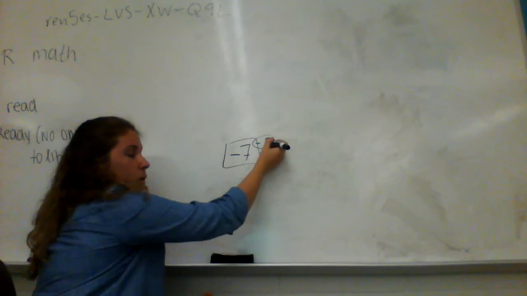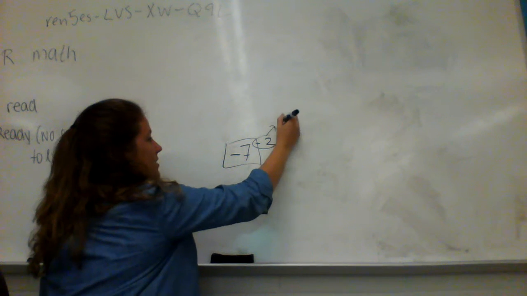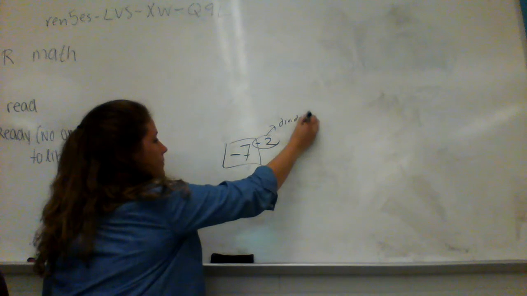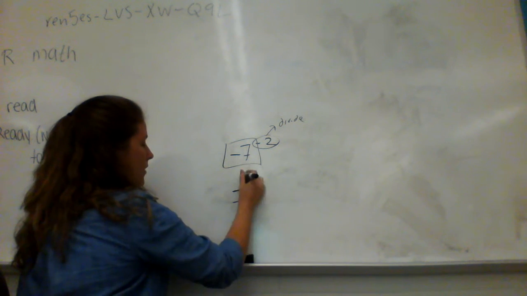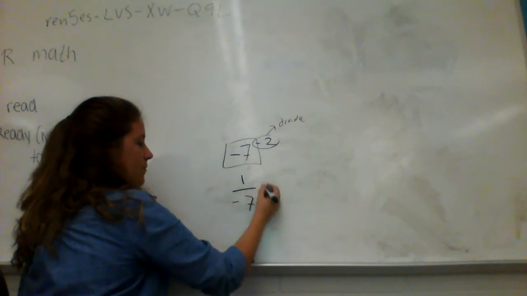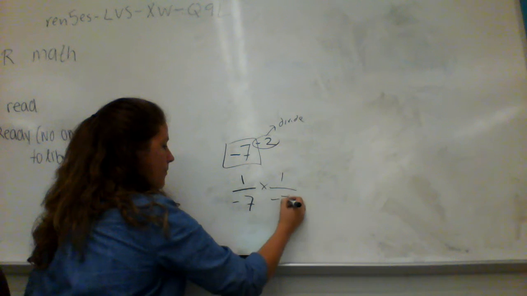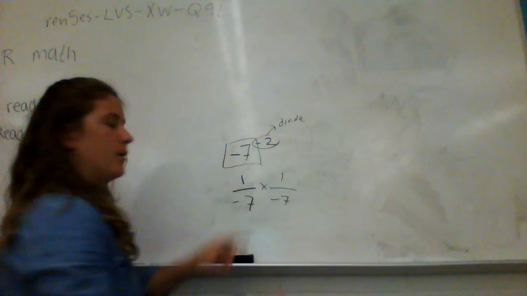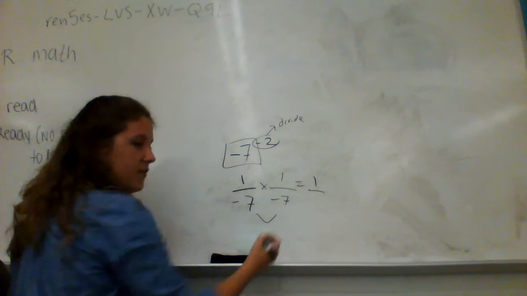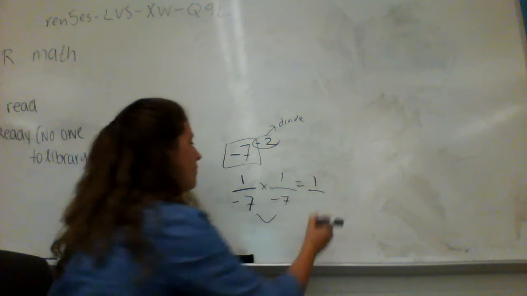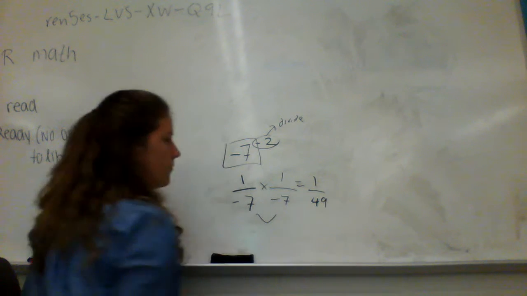So I'm going to divide because this is negative. This tells me to divide. And my base is negative 7, so I'm going to divide by negative 7. I'm going to do this 2 times. 1 times 1 gives me 1. A negative 7 times a negative 7 gives me a positive 49.